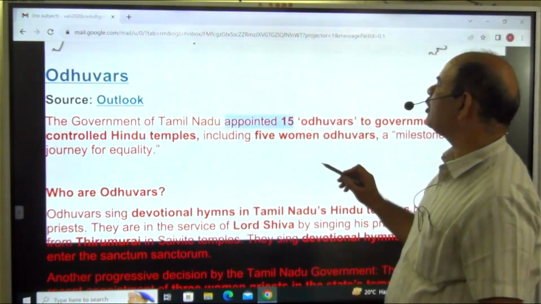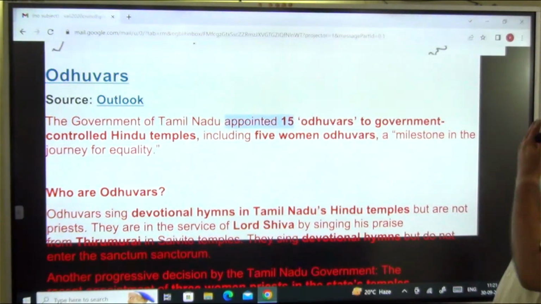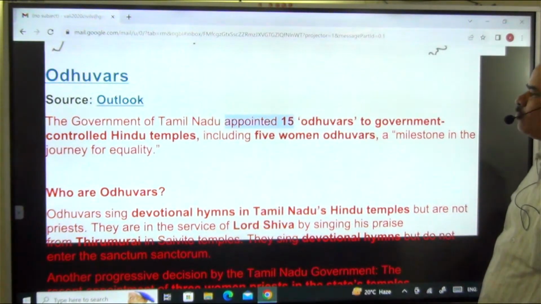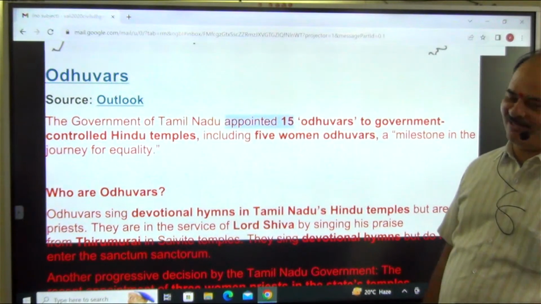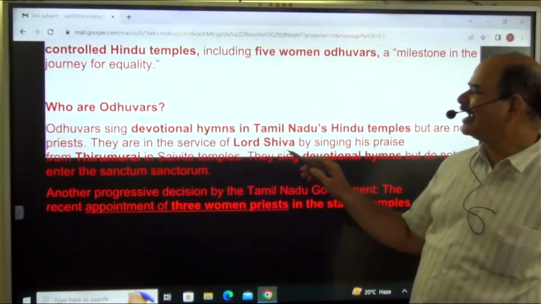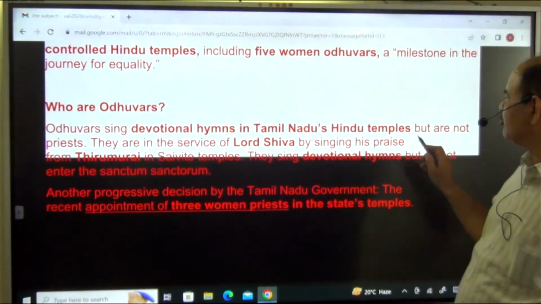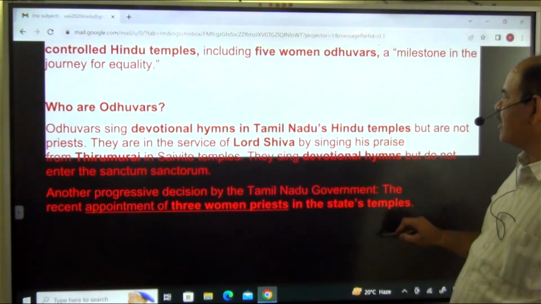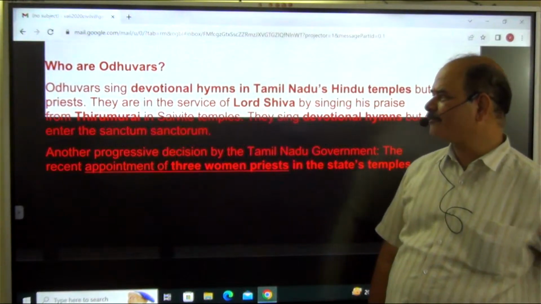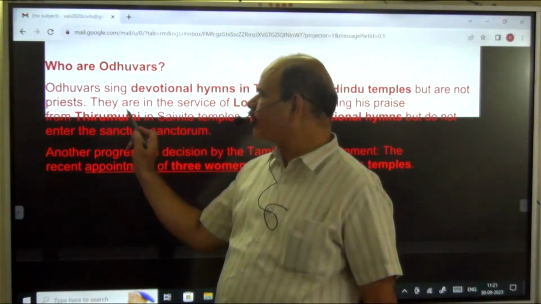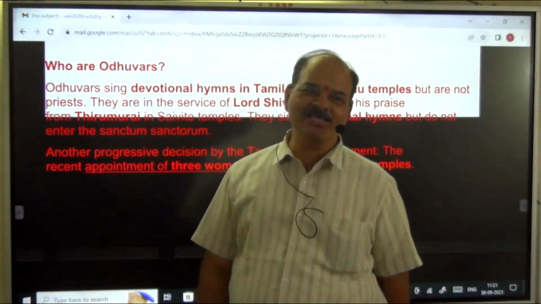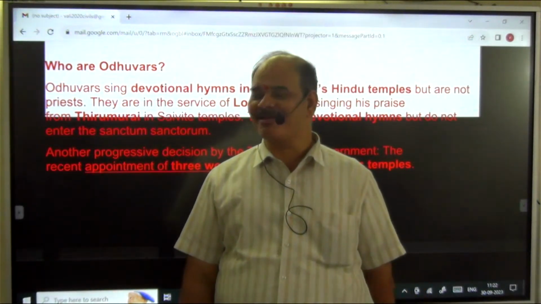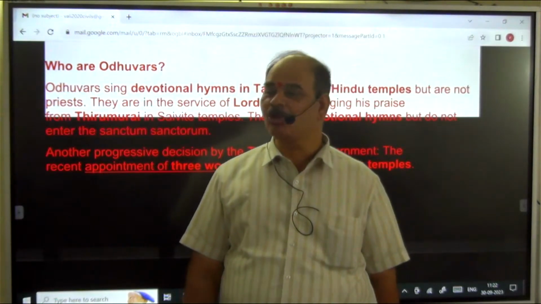The government of Tamil Nadu appointed 15 Oduvars to government-controlled Hindu temples, including 5 women Oduvars, a milestone in the journey for equality. Oduvars sing devotional hymns in Tamil Nadu's Hindu temples, but are not priests. They serve Lord Shiva by singing his praise from the Tirumurai. What is Tirumurai? Tirumurai is the holy book of the Nayanars.